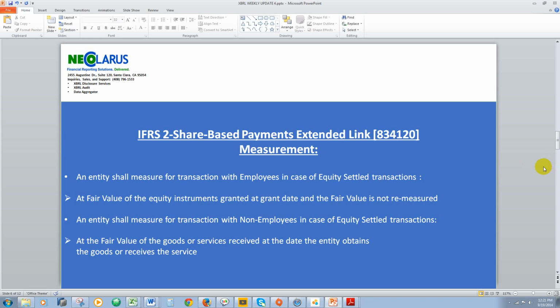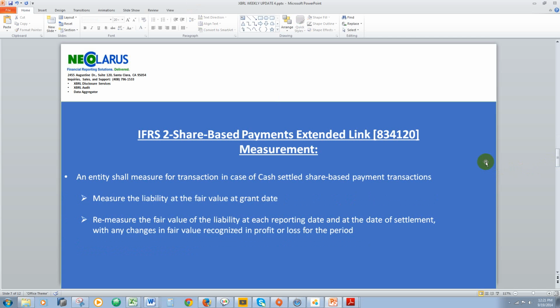And in case of cash settled share-based payment transactions, it says that the measurement is done as a liability at the fair value at grant date, and the remeasurement of the fair value of the liability at each reporting period or at the reporting date and at the date of settlement, with any changes in fair value recognized in profit or loss for the period.